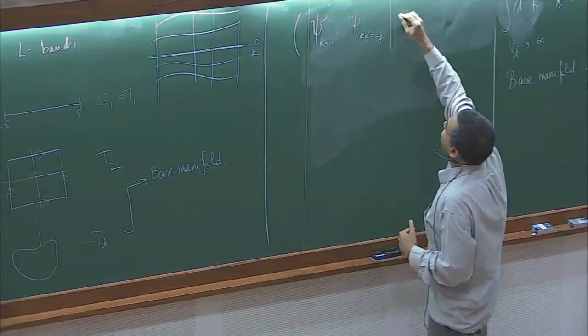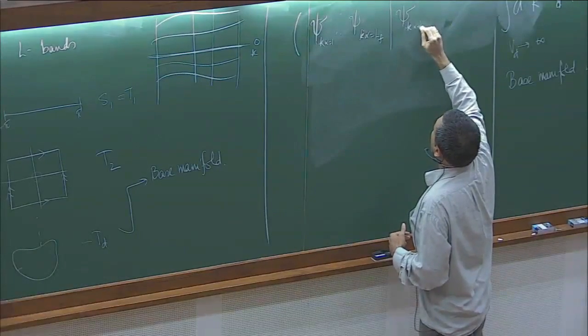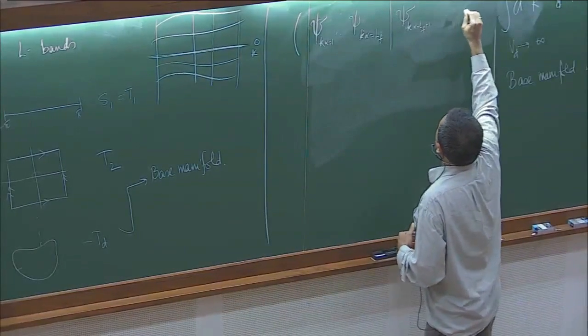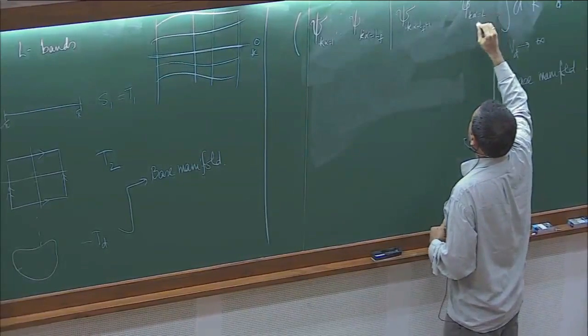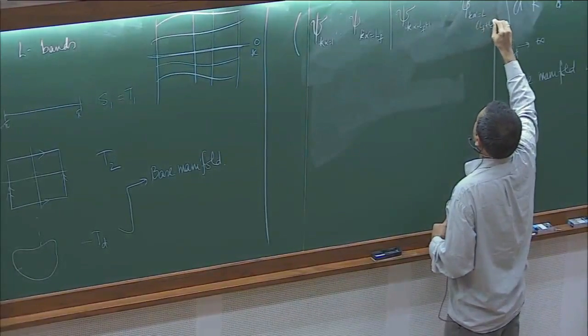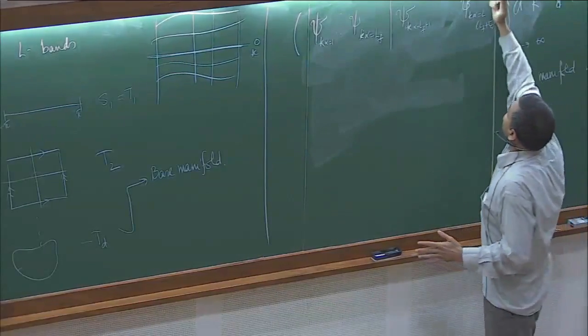And then this is psi k alpha equal to L filled plus 1, and goes all the way to psi k alpha equal to L, which is actually L filled plus L empty. So this is an array.